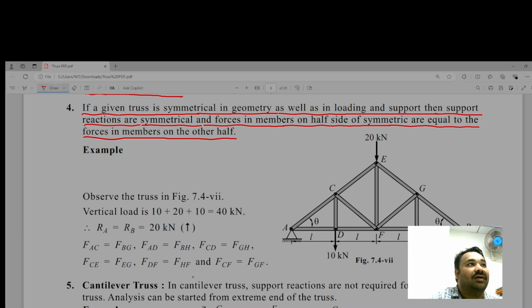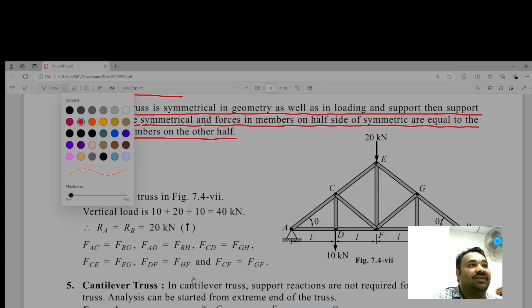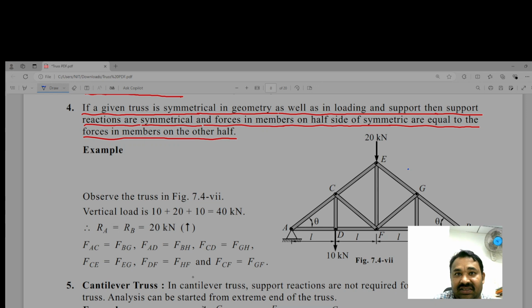So what is being said is, if this structure is geometrically symmetric, and as per the loading, you can see the external load is acting at the center of the structure, and the supports are at end A and at B.